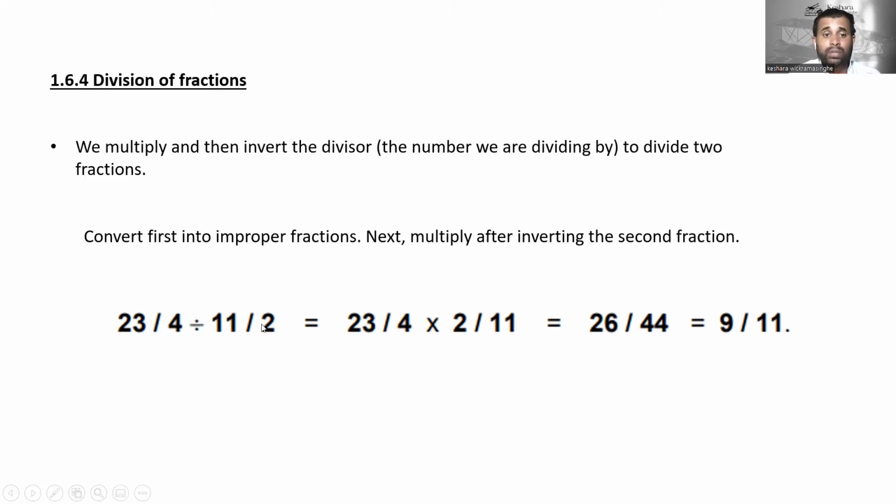When we make it multiplication, we invert the right number. So then 23 upon 4 into 2 upon 11. Then we solve it as a normal multiplication equation, right?